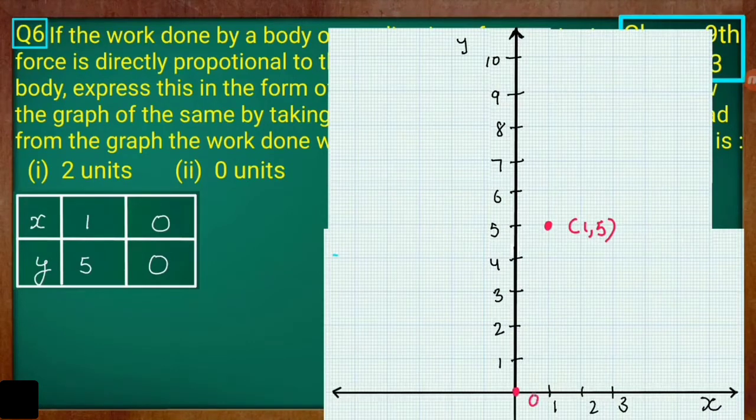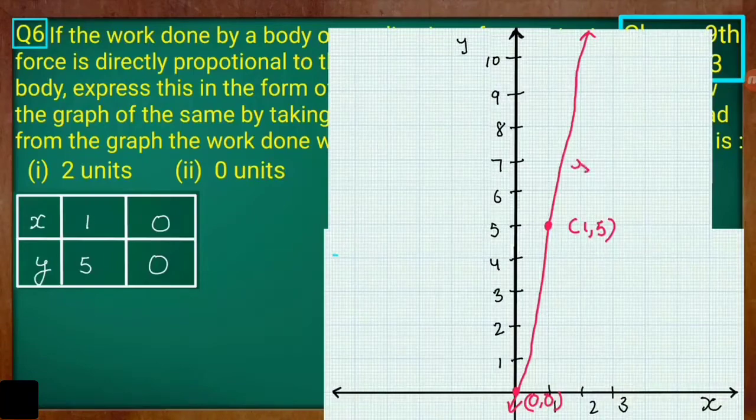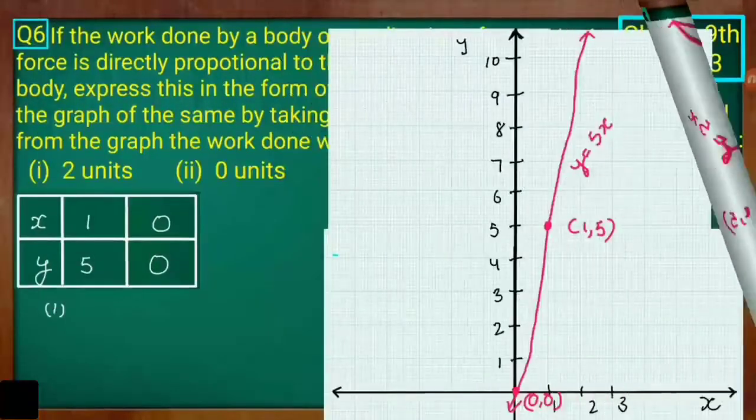Yes, this is the origin, x and y both are 0 here. Now join the line. It should be a straight line. Yes, this is the graph we have drawn for y equal to 5x.